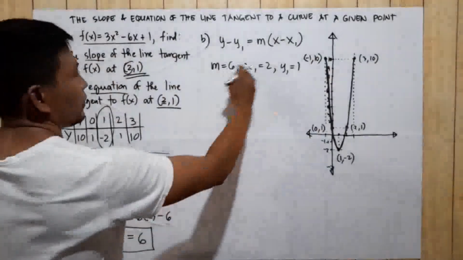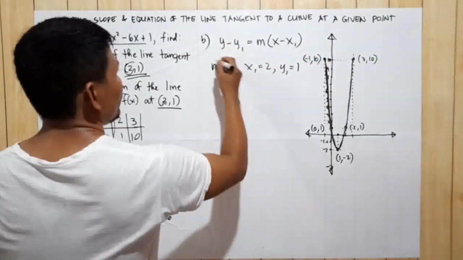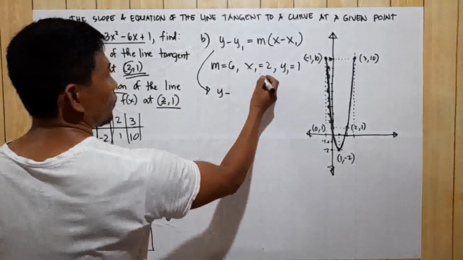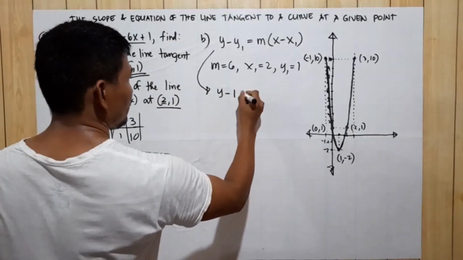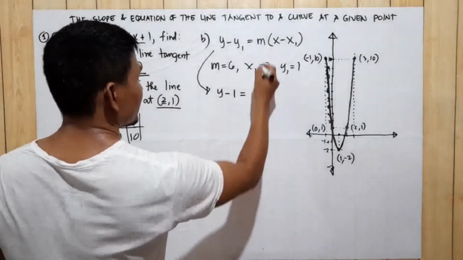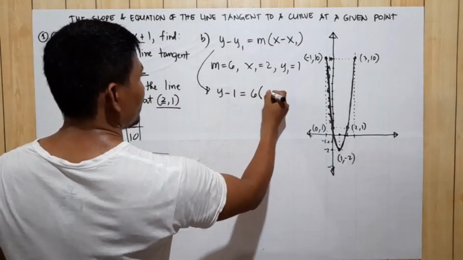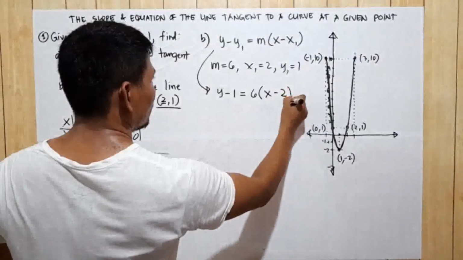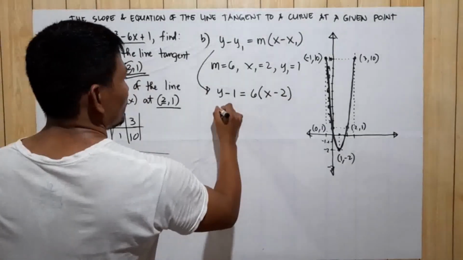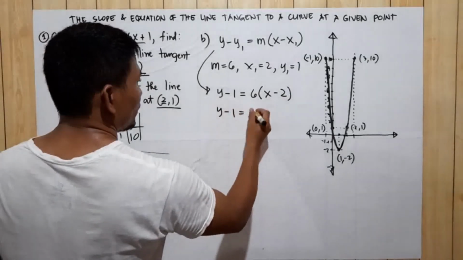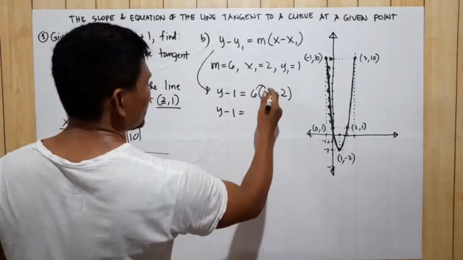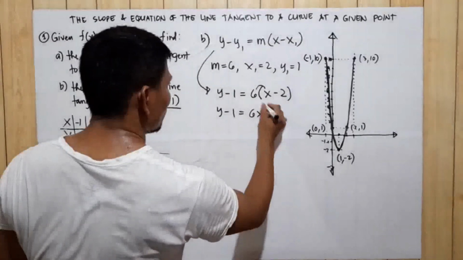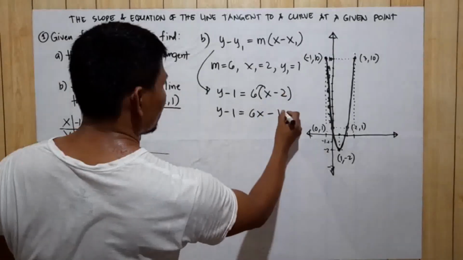Okay, so substituting all these values sa ating point slope form of a line, we have y minus y1 po, which is 1, is equal to m, which is 6, times x minus x1 naman, which is equal to 2. So, y minus 1 is equal to, distributing 6 to the members inside the bracket, we have 6x minus 6 times 2 is 12.